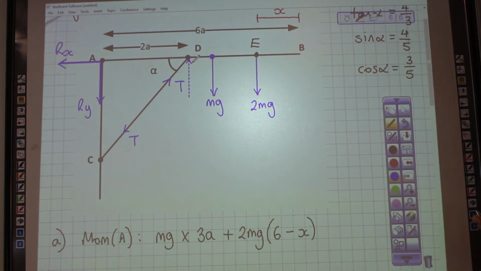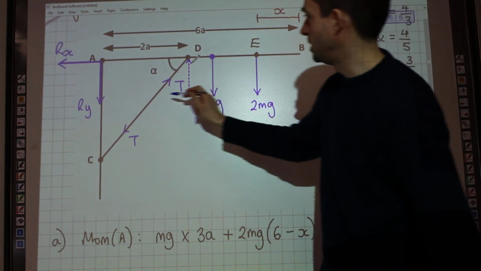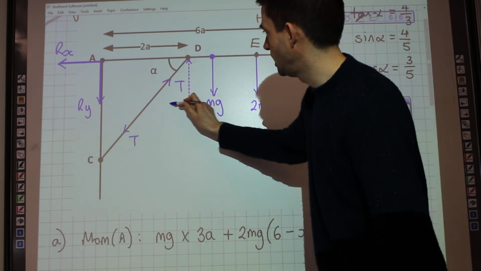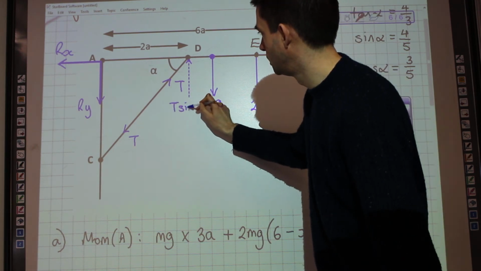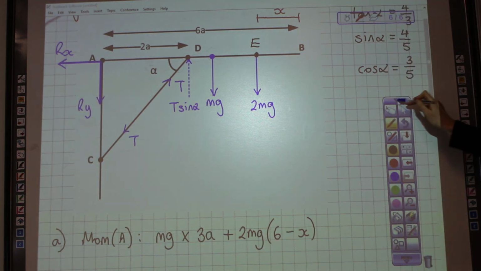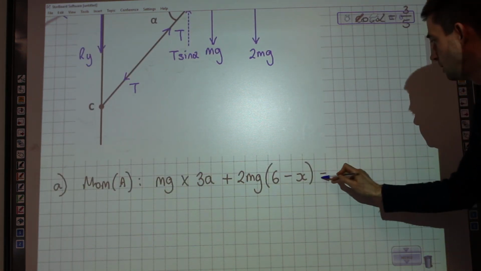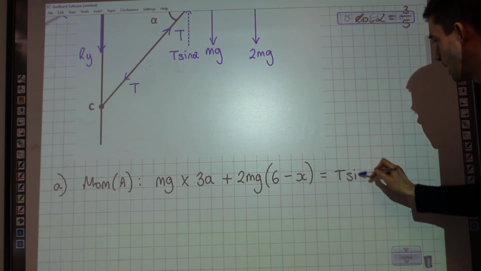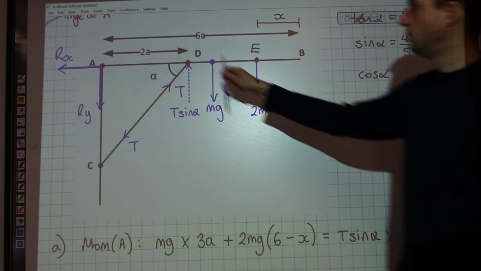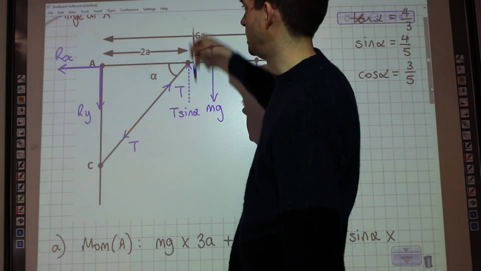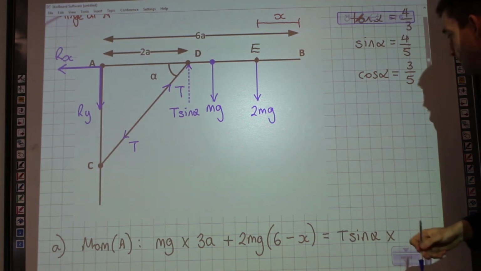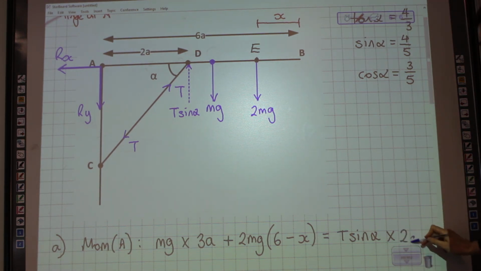And that force there, if you think about this angle here being alternate with that one, would be T sine alpha. So that force is going to be T sine alpha times 2a, which is the perpendicular distance from the line of action of the force.